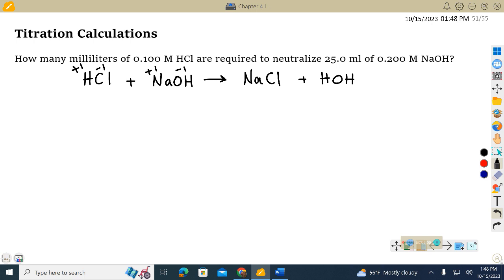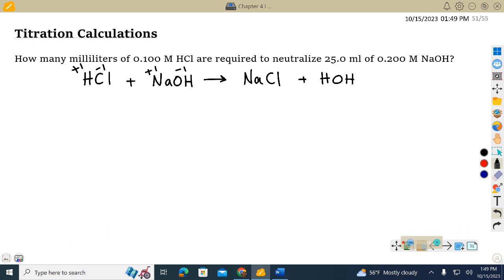Again, we can titrate acids and bases, or we can really titrate any solutions. It's just a lab method where I'm looking for that mole ratio in the balanced equation, which means I need a balanced equation. This one happens to be 1-to-1 ratios, which is fantastic. But it doesn't have to be 1-to-1 ratios, which is why step 1 is always to check a balanced equation.